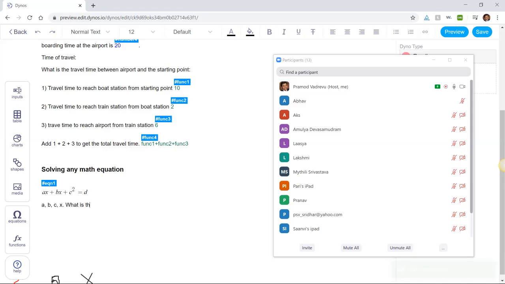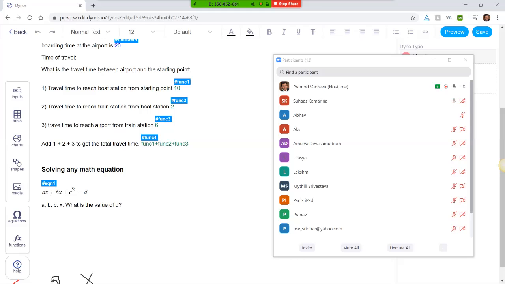Okay, what is the value of D? Are you guys with me? Yes. So how do you calculate D? Can you use decomposition to calculate D? Yes? Can you give it a shot?